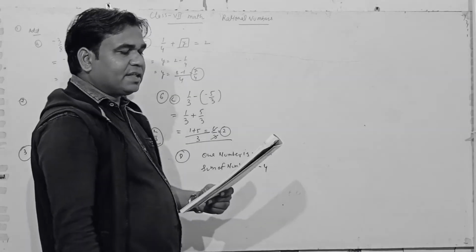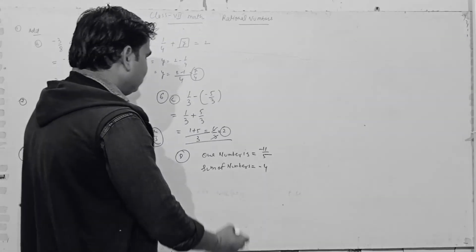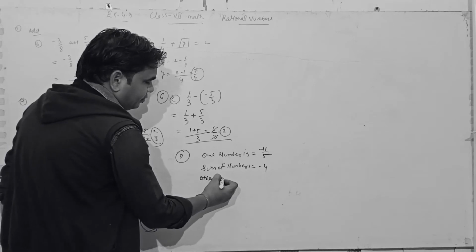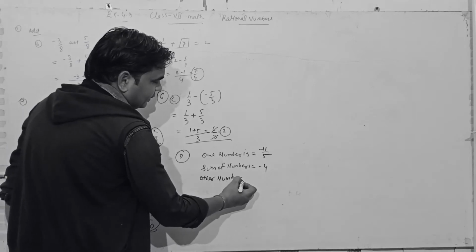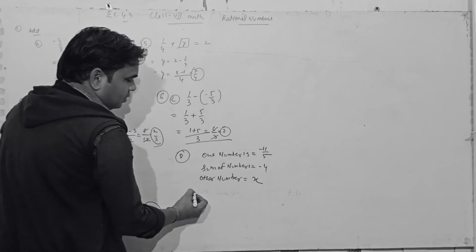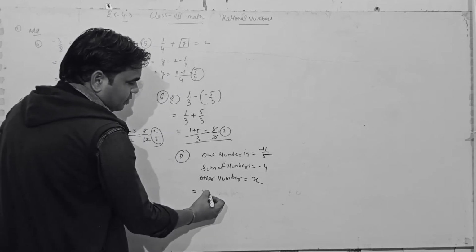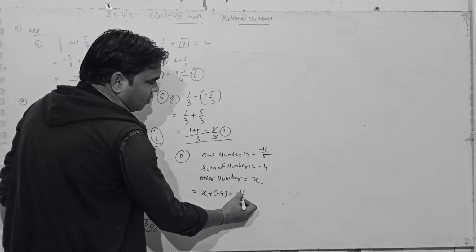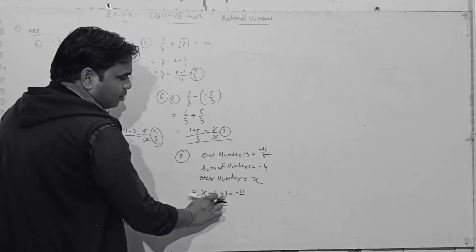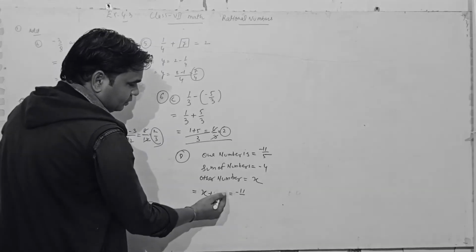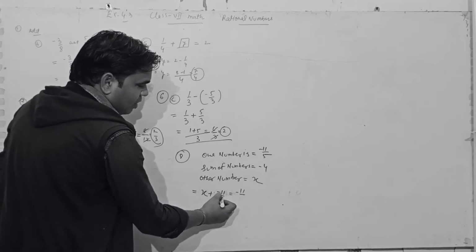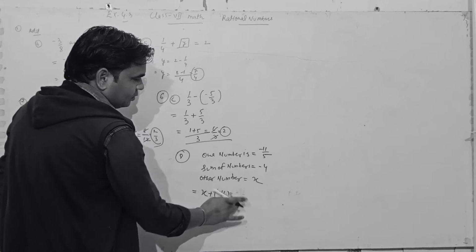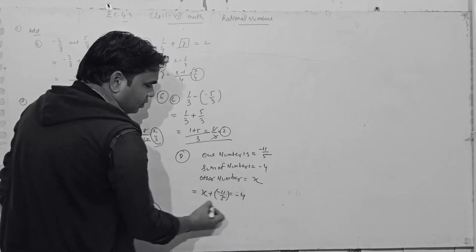So find the other number. Let me see. The other number should be x. So x plus 4 equal to minus 11 over 5.